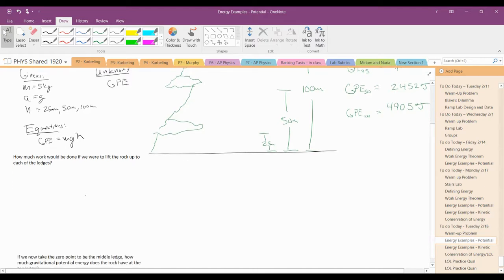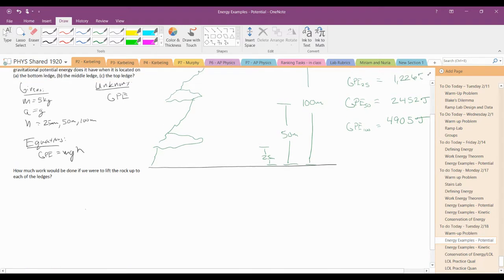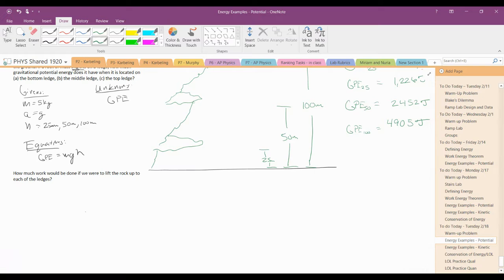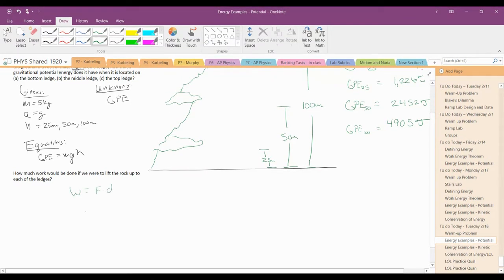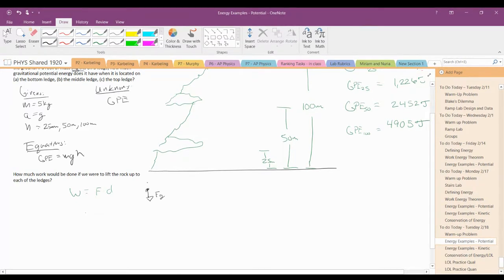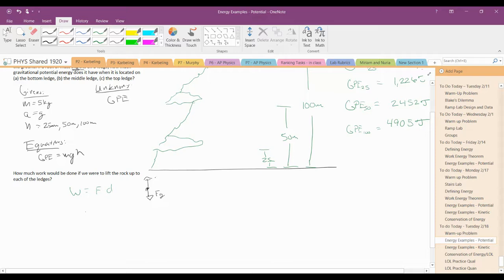Okay, so now on to our second question here. How much work would be done if we were to lift the rock up to each of the ledges? I'm sure you're thinking that work is force times distance, and solve it like we did previously, where if we're lifting up at constant velocity, Fg is equal to the applied force, or the normal force.